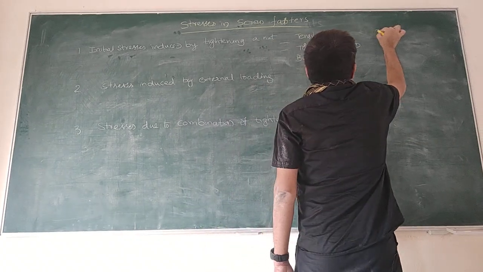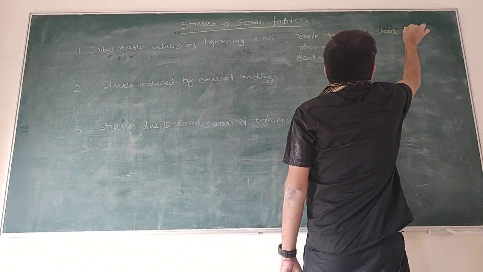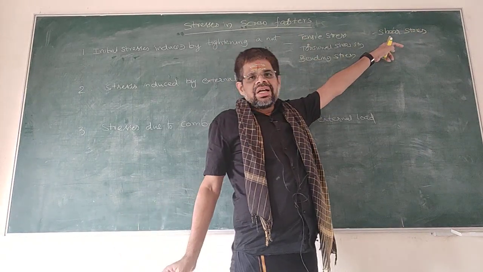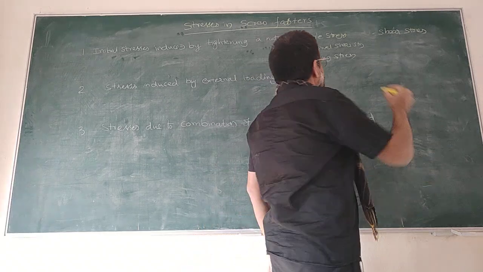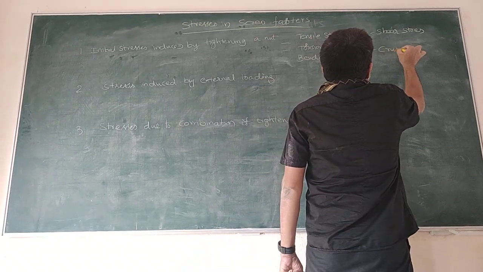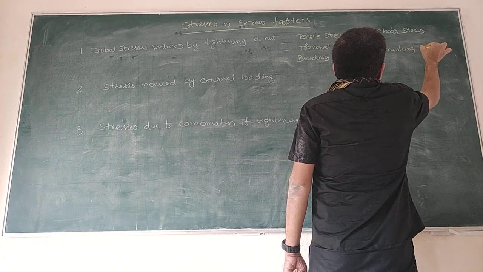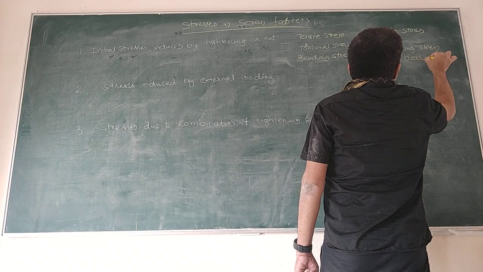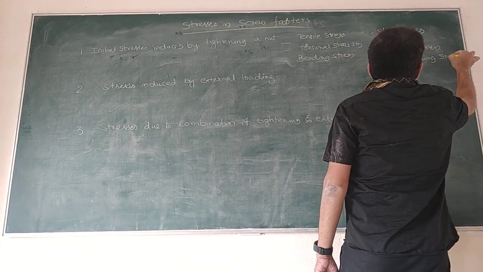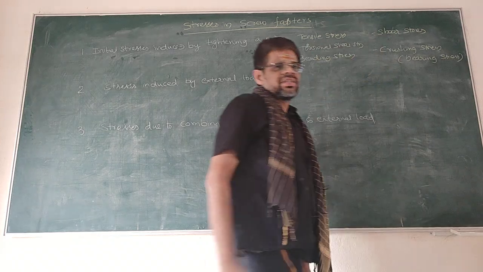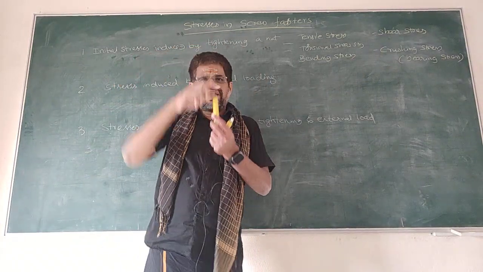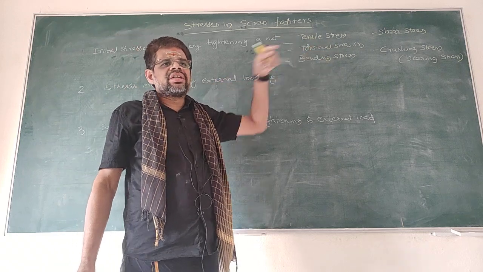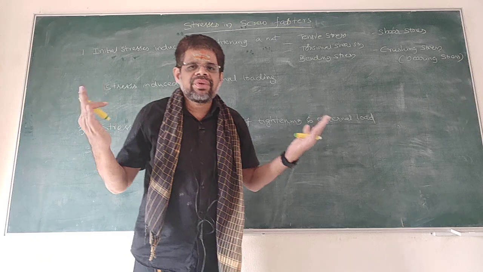And normal shear stress. So this is torsional shear stress and this is normal shear stress, and crushing stress also may be developed, also called bearing stress. During the process of tightening itself, these types of stresses may develop inside the bolt, due to which the bolt may fail.